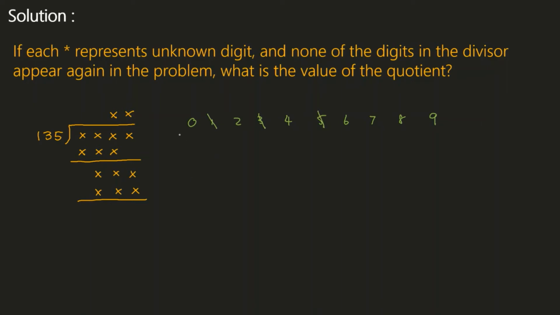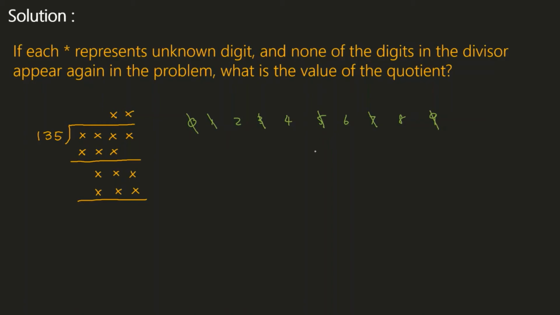Okay. We also know that the first quotient digit cannot be 0. So this is also eliminated. Now, it cannot be 7 and 9 either, because any odd number multiplied by 5 will terminate with 5. So the 5 here will be duplicated with the 5 in the divisor. So 7 and 9 are eliminated.